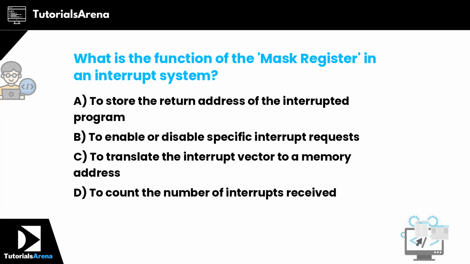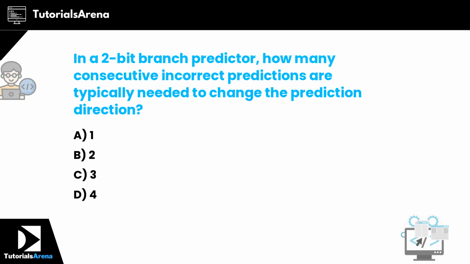What is the function of the mask register in an interrupt system? The correct answer is option B, to enable or disable specific interrupt requests. In a 2-bit branch predictor, how many consecutive incorrect predictions are typically needed to change the prediction direction?